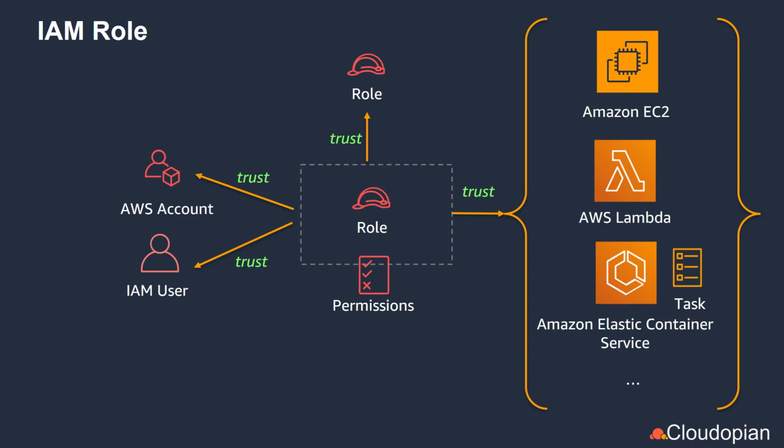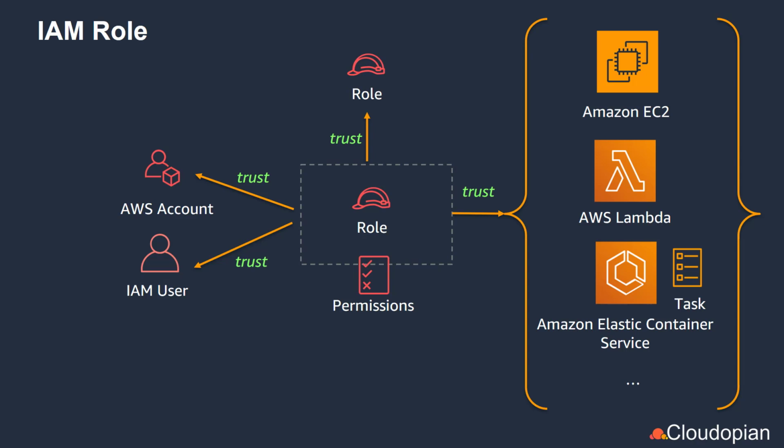This is useful especially when you are running some code. For example, you may have some code running in your Amazon EC2 or maybe Amazon Lambda functions, or it may be running as a task in your Elastic Container Service. So once they have this role trust, that code running inside your Lambda or EC2 can access the services defined by those permissions.